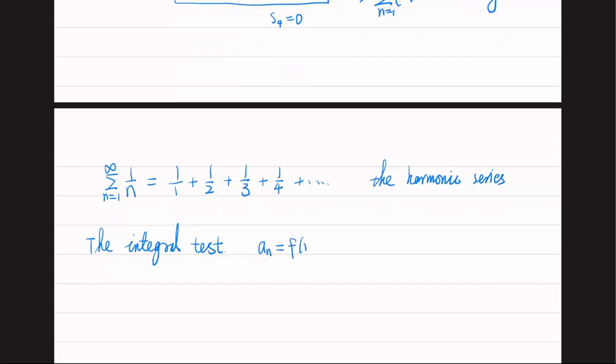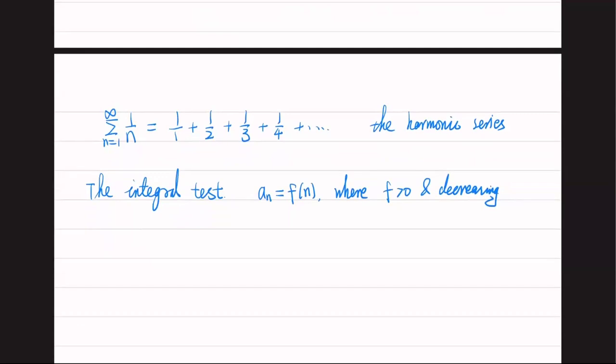The following setting, where f is positive and decreasing. Now we have two objects, the series, the sequence, and the function.